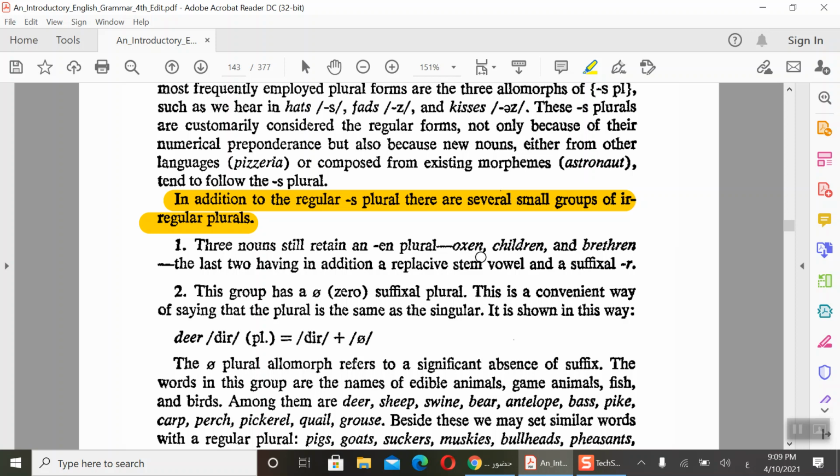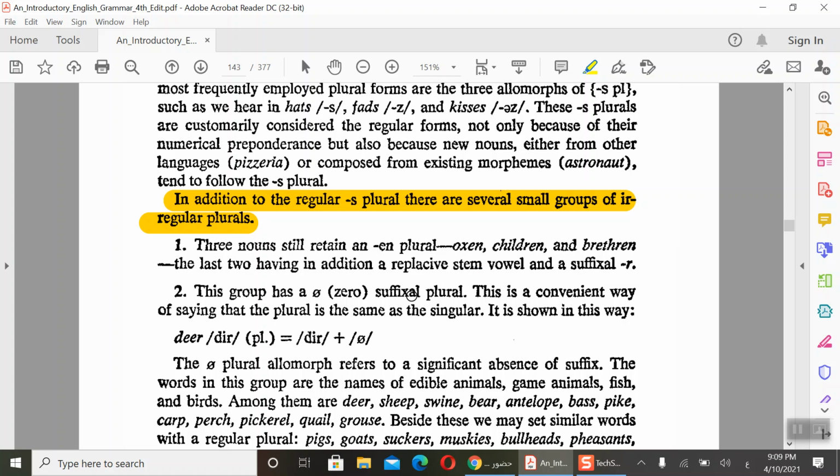For example, ox, oxen, child, children, brother, brethren. Also we can say brothers, and also we can say brethren. Child, children, ox, oxen. This is an exception.